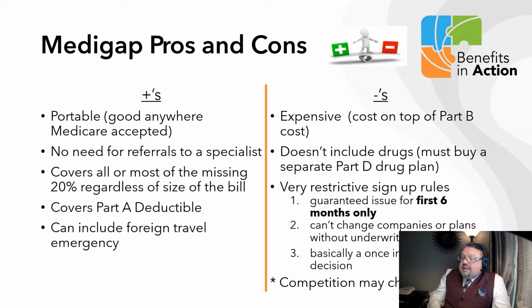So underwriting in general is not something that is going to be an advantageous situation for most Medicare beneficiaries. You're supplying information that will allow them to increase your premiums or potentially even restrict them from offering you a plan altogether. They may elect not to even issue you a plan based on the outcome of the underwriting.